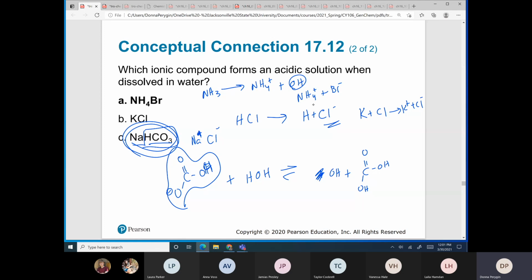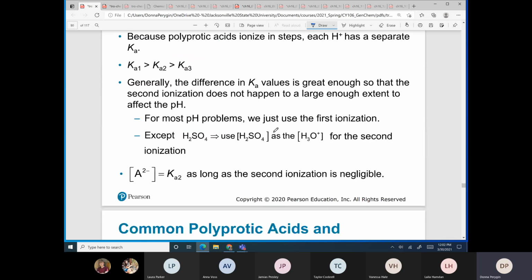So what we're doing is that's going to lose a hydrogen to water and form H3O+, Br-, plus NH3. So that's going to form a weakly acidic solution, because it is the conjugate acid of a weak base.